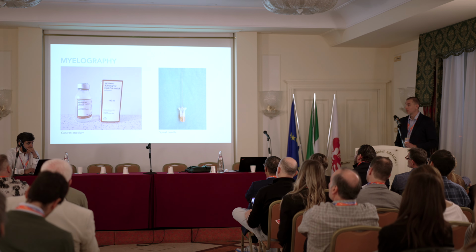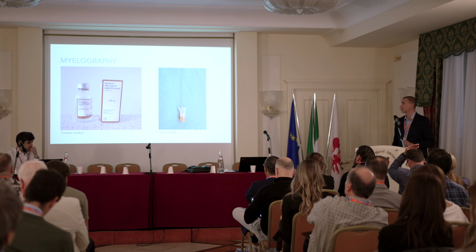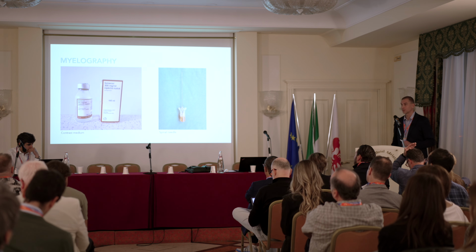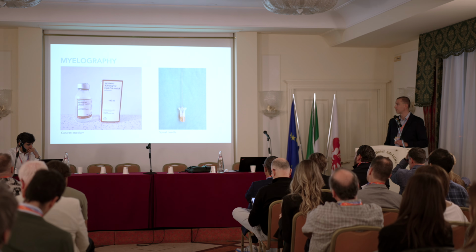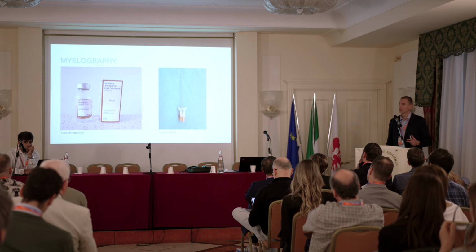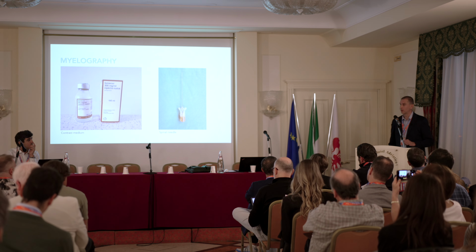What I use for those studies is this type of contrast medium. Standard is 300 milligrams per milliliter, and usually I dilute it a little bit because I need a higher volume of the medium that I am applying.